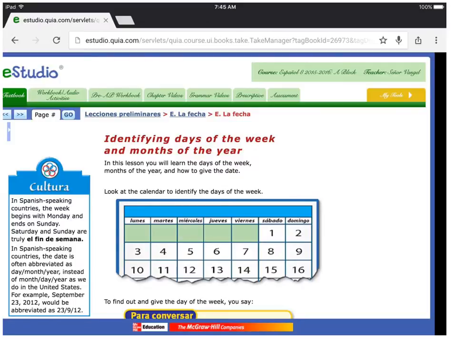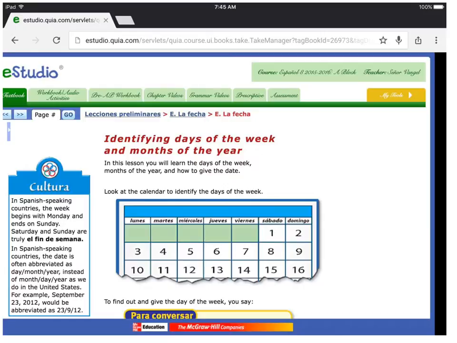It ends on Sunday. Please don't be confused by this. The days of the week and the dates do not change. It just looks different on the calendar because it's shifted. It starts on Monday, ends on Sunday, whereas ours starts on Sunday, ends on Saturday. It's not like the date is different in Spain. It just looks different on the calendar. Okay?